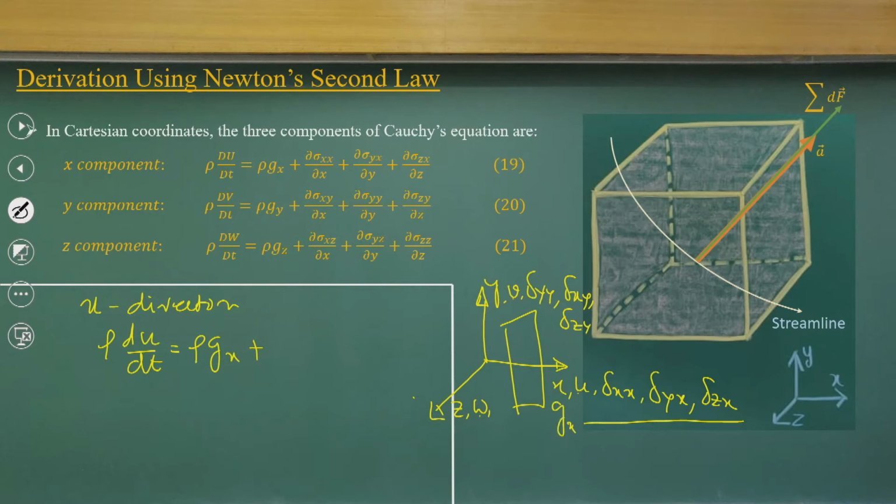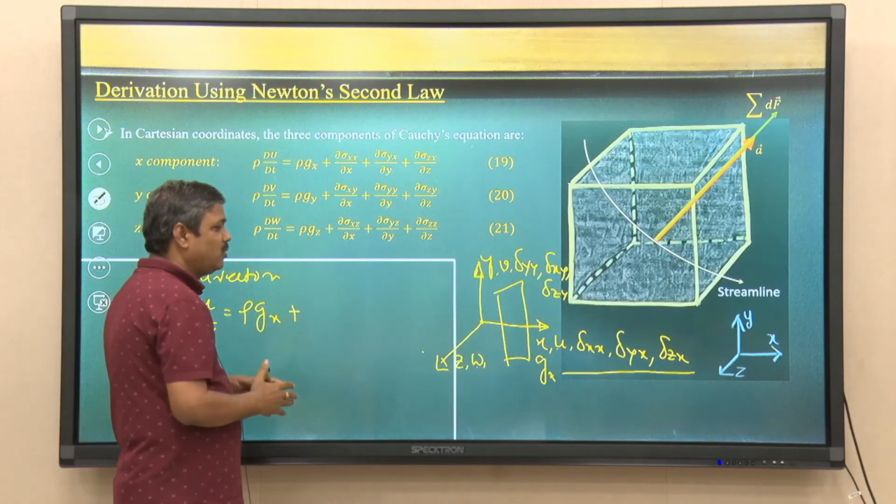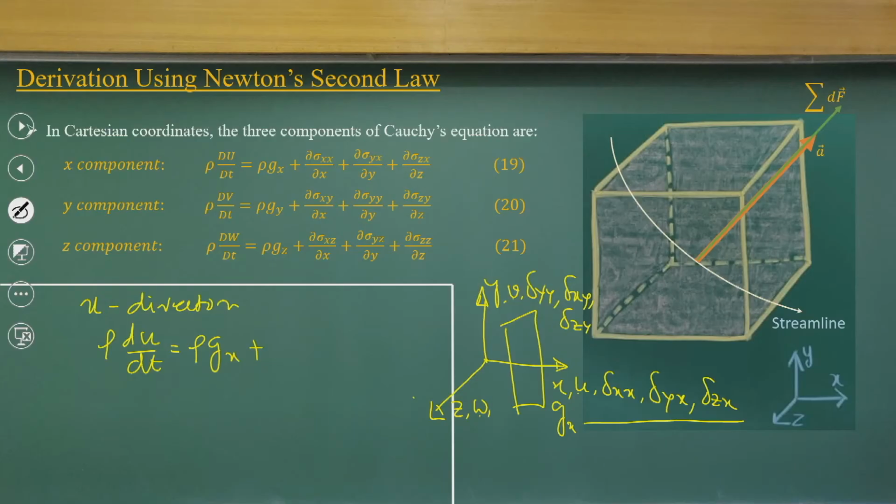Do not assume that it acts vertically downwards. The g can be a vector, so we will have g x, g y, g z. So, this is a scalar component of g. Then del by del x of sigma x x, that is what is acting in the x direction, del by del y of sigma y x, del by del z of sigma z x.